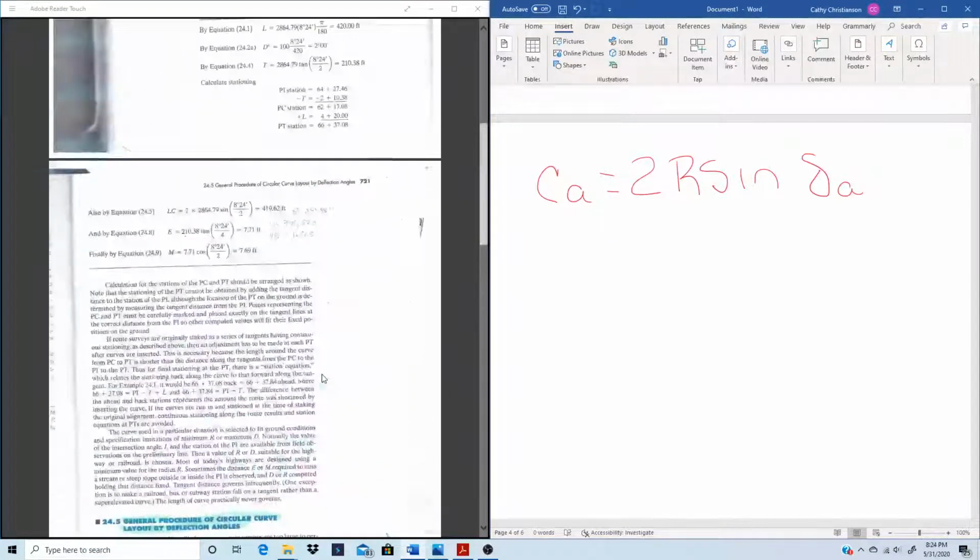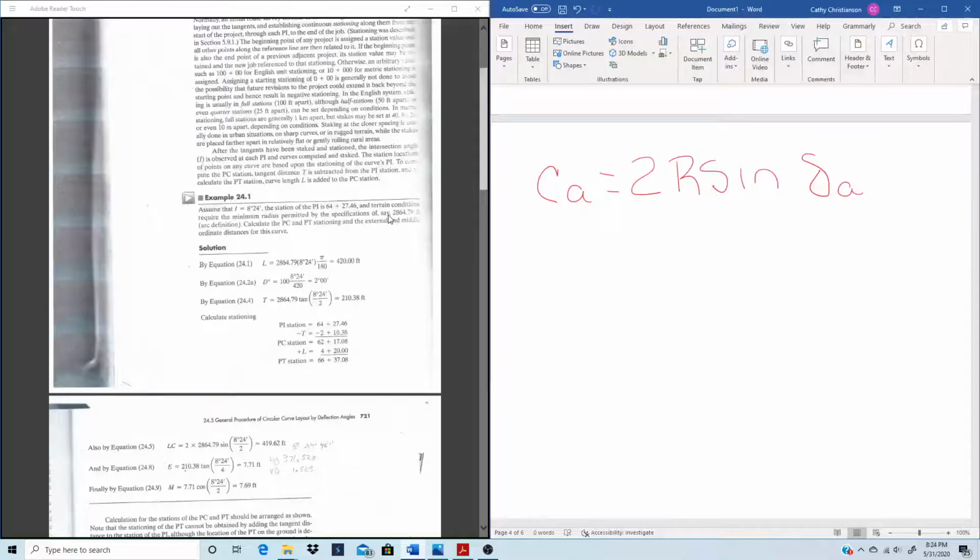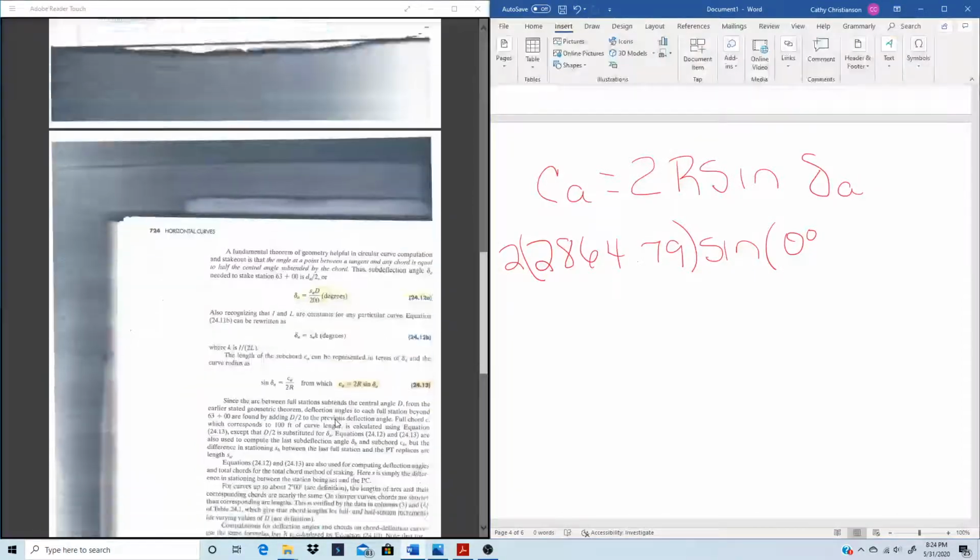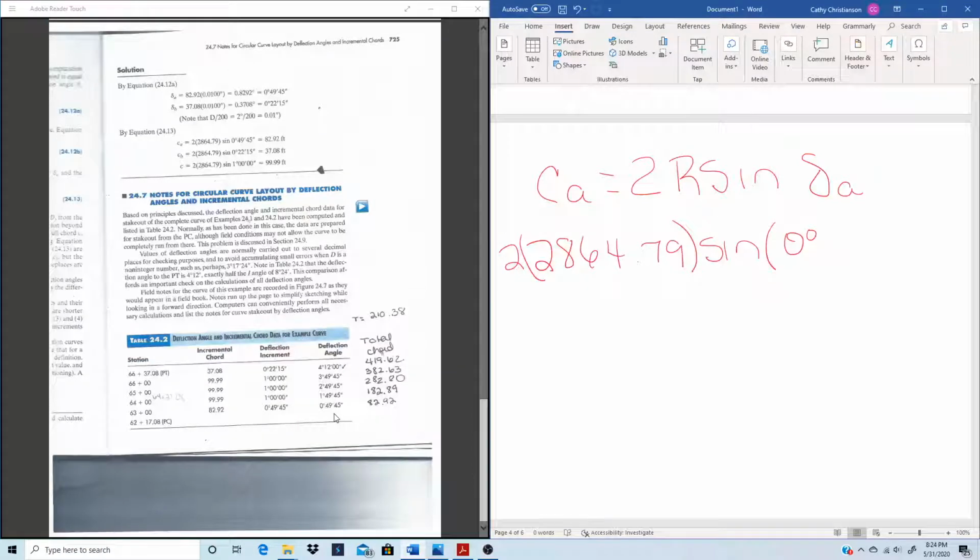Our R was given in the problem, so that was 2,864.79. So for the first one, 2 times 2,864.79 times sine 0 degrees, 49 minutes and 45 seconds.